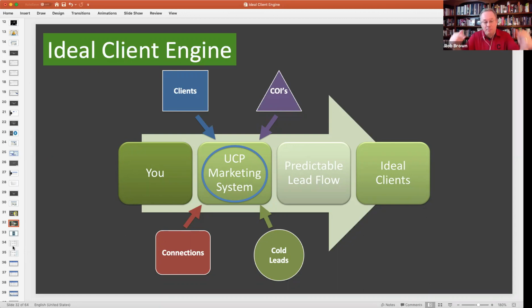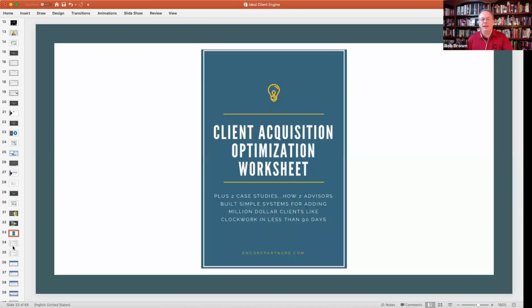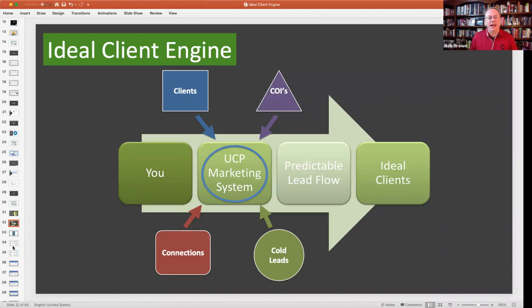It all points back to that UCP marketing system, the way that you uniquely help your clients achieve their most important goals. That's what the engine looks like at its foundation. And when you do that, you get that predictable lead flow, and then you get ideal clients, and your business starts to grow.